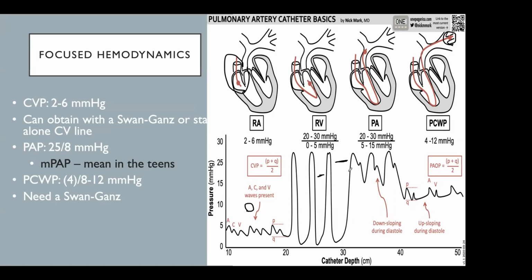But just like when you're looking at an arterial line graph, we're going to have what you would call a dicrotic notch. Then we move over here to our pulmonary capillary wedge pressures, which again are indicative of our left ventricular function and are a bit lower.